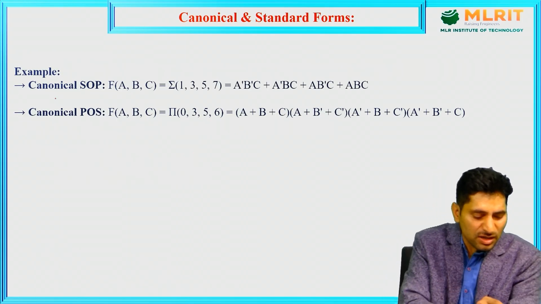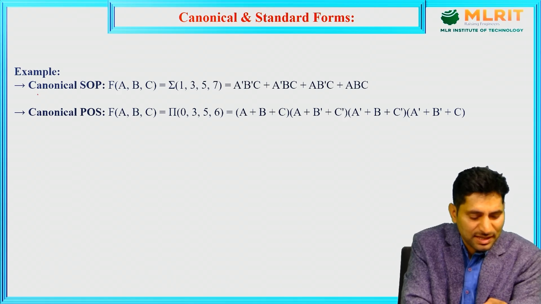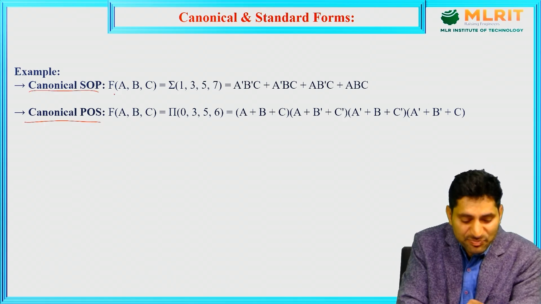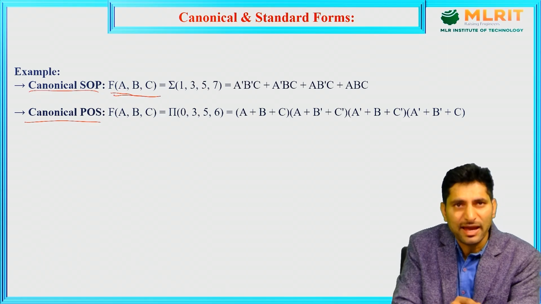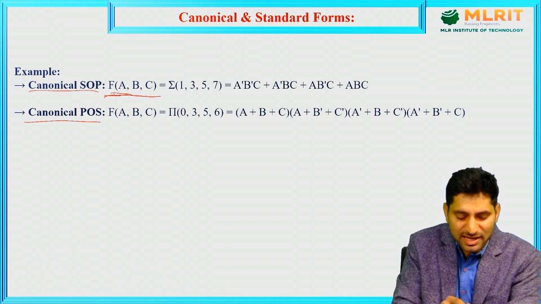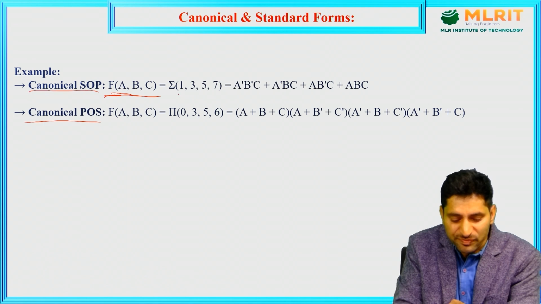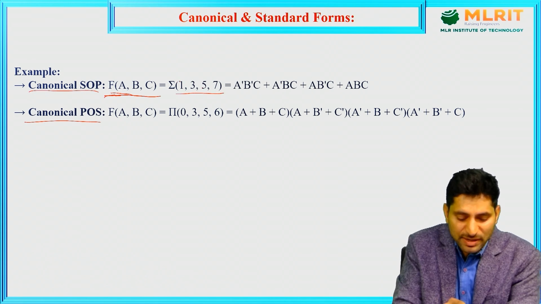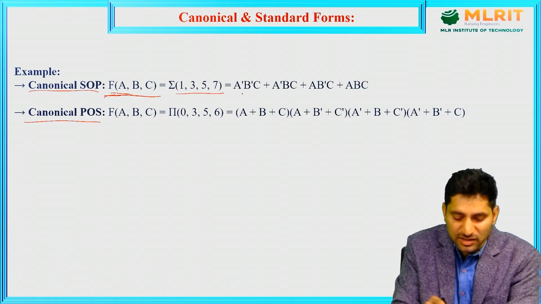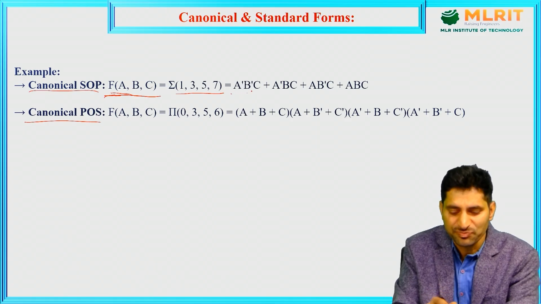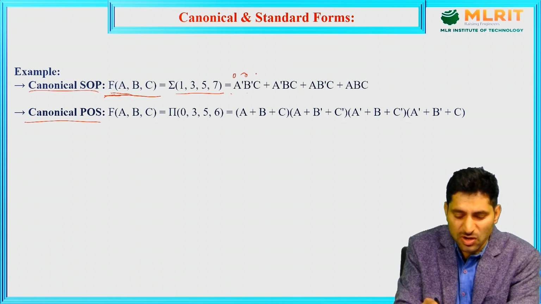For example, we have two types, canonical SOP and canonical POS. Let us take input variables A, B, C for a random function F, with terms 1, 3, 5, 7. To represent the first term, I took A bar, B bar, C, which is 0, 0, 1.